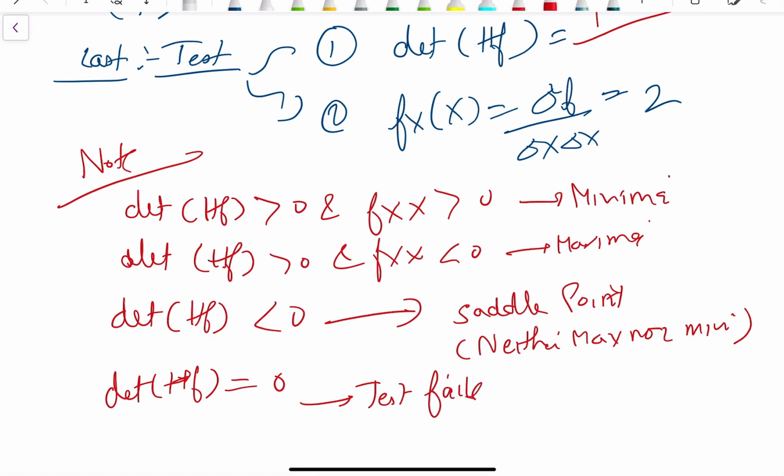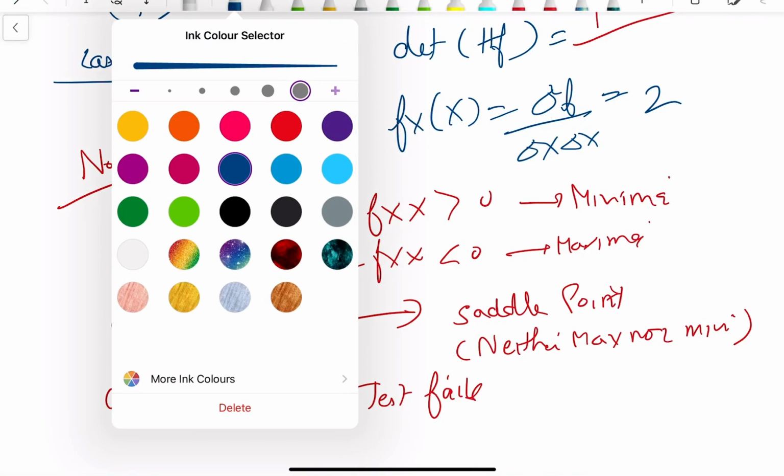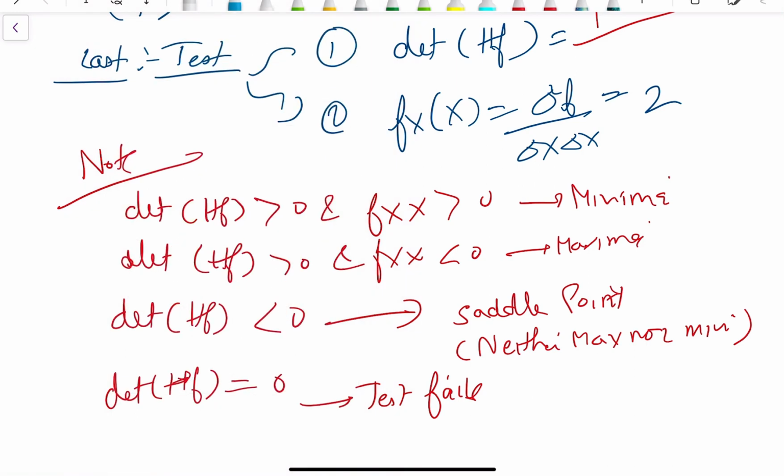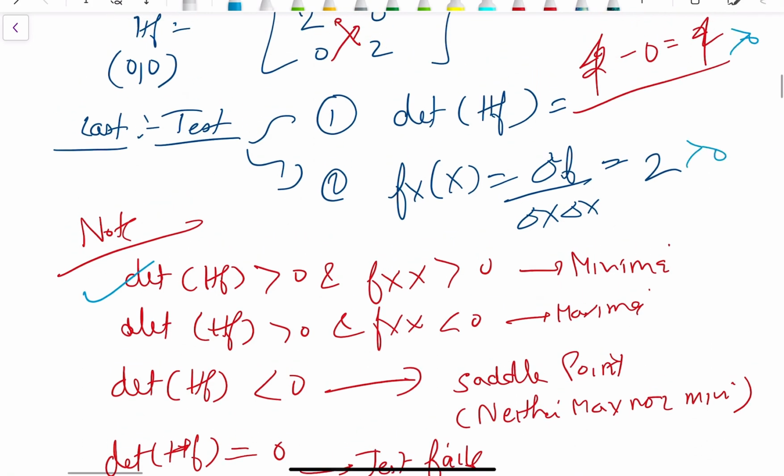Okay, so which condition has been satisfied by our function? You can easily see that our particular function satisfies the first condition, where the determinant of Hessian is greater than 0, which is 4, and fx of x is also greater than 0, which is 2. Right?